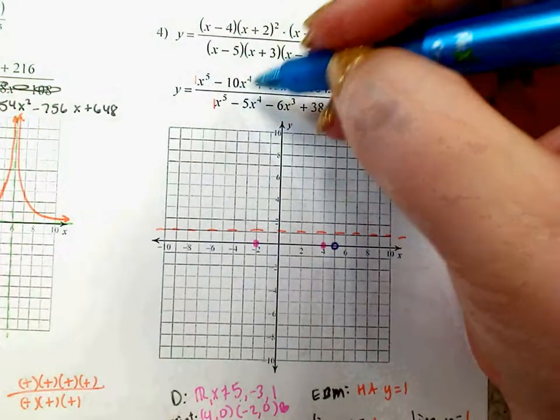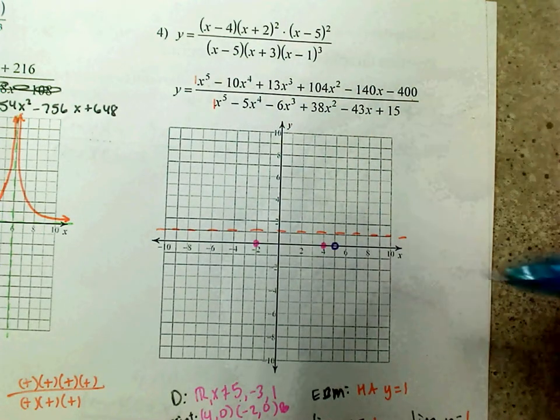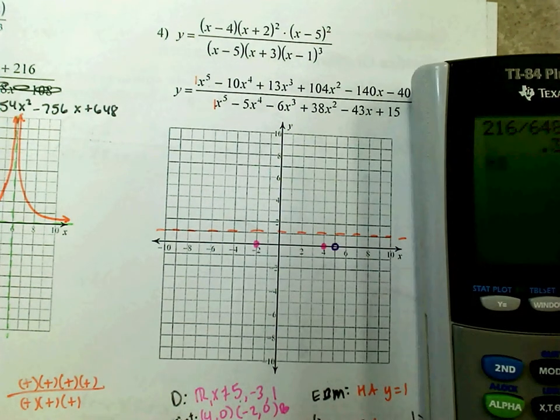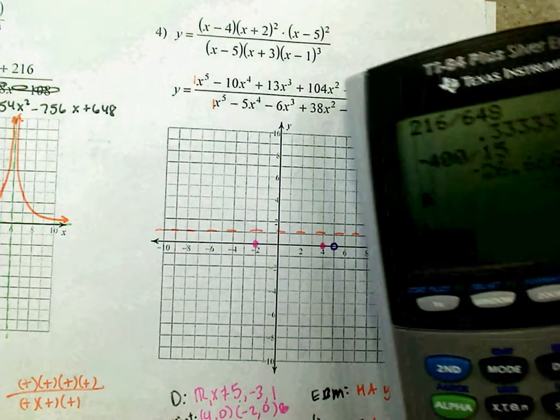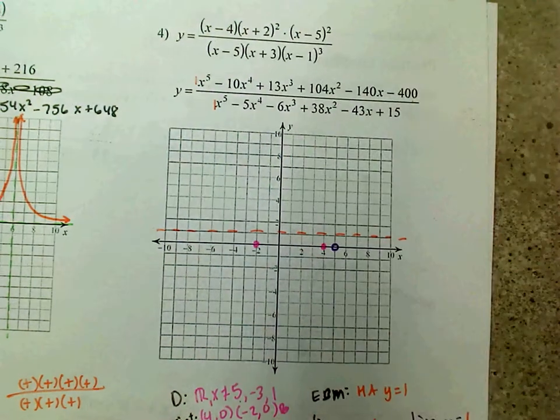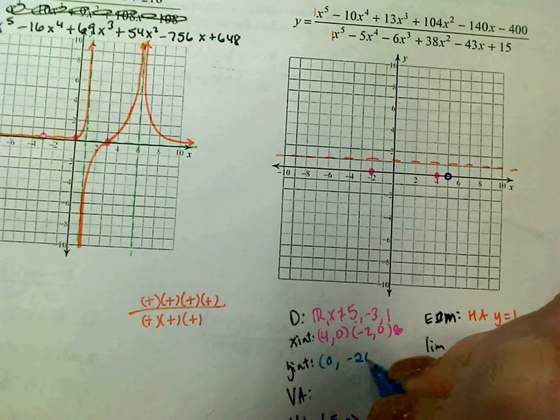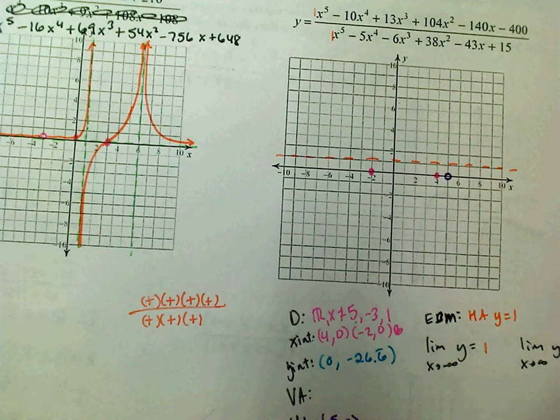So negative 400 divided by 15. Negative 400 divided by 15 is negative 26.6 repeating, so negative 26 2/3. So 0, negative 26.6 repeating, which I can't graph, but it does tell me something. It tells me my y-intercept is down here, right? So that's important.